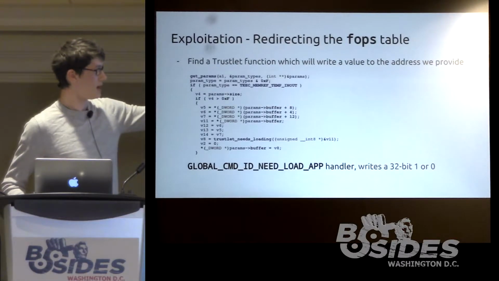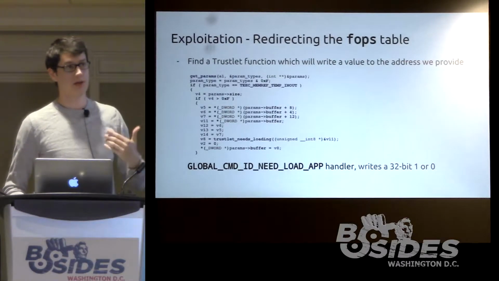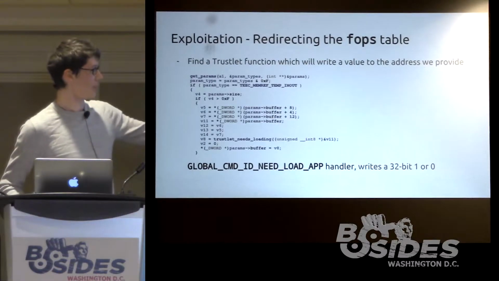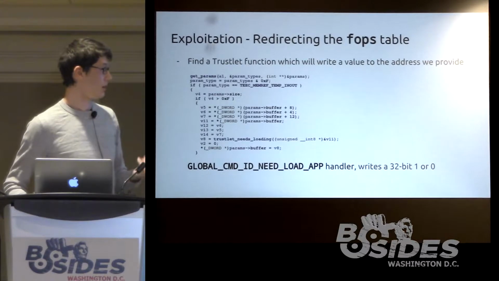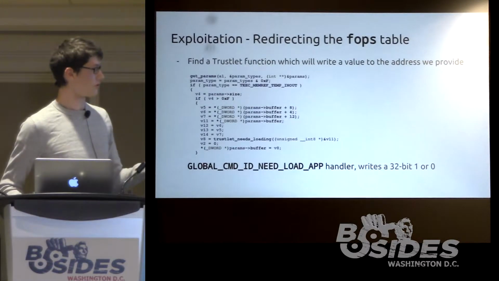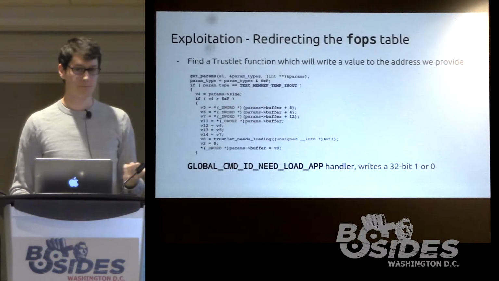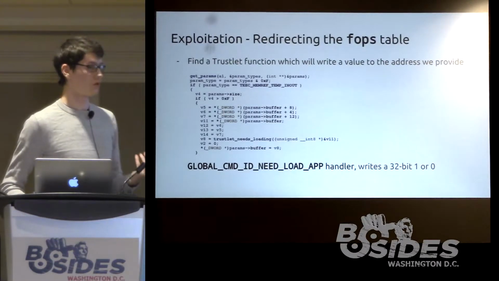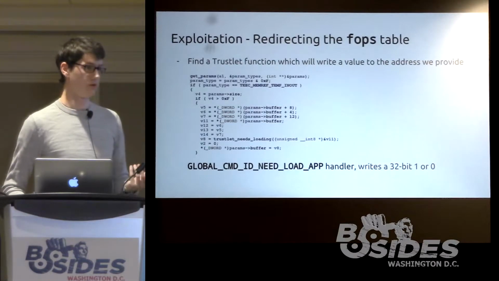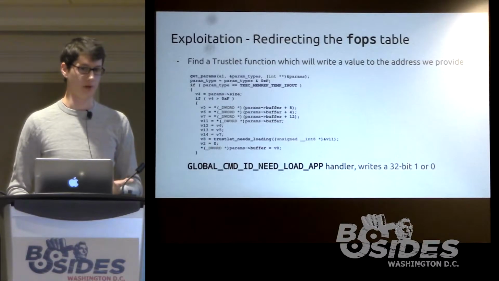Depending on if it needs loading, which it does if the UUID doesn't exist, it puts that in V8, and then it writes that Boolean value into the very first part of that buffer. So now you can see if we have a physical page specified, we can essentially write a Boolean true or false to any physical page in memory.